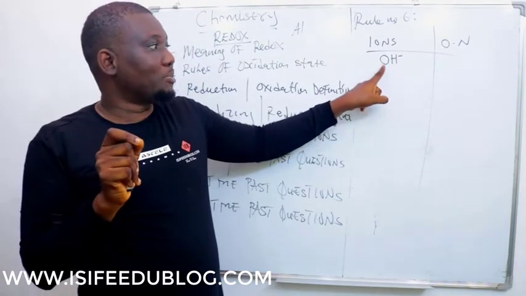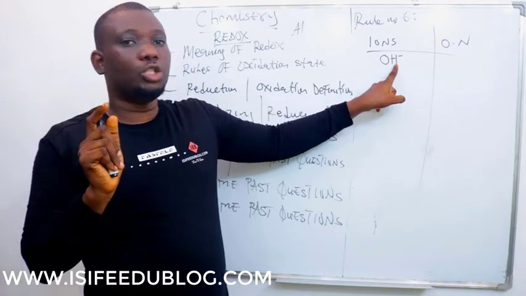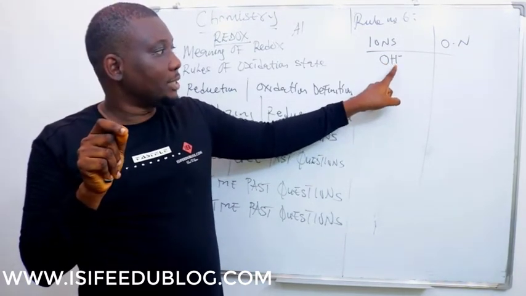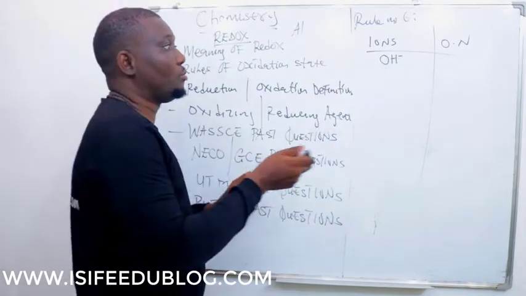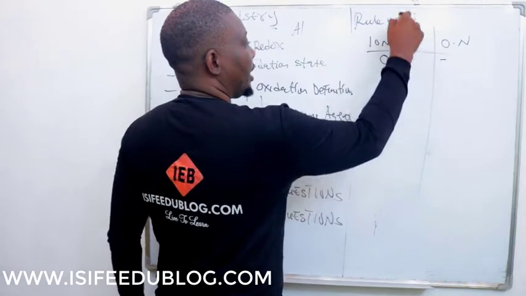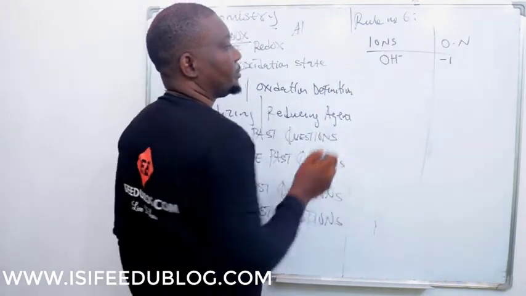So if oxygen is -2 and hydrogen is +1, -2 + 1 gives you -1. So the sum of the oxidation states in OH minus is what it has as a charge, which is -1.